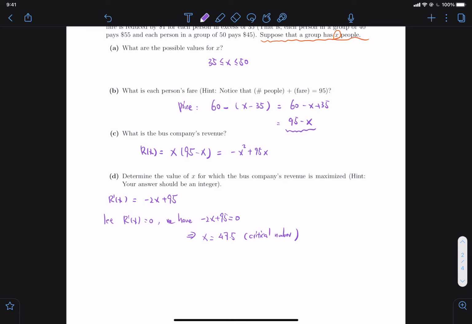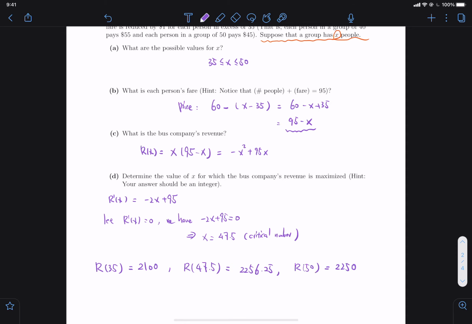So R of 35, plugging 35 into the original function, gives you 2100. Plugging 47.5 into the function gives you 2256.25, and plugging in the other endpoint, 50, gives you 2250. So these are the three values.